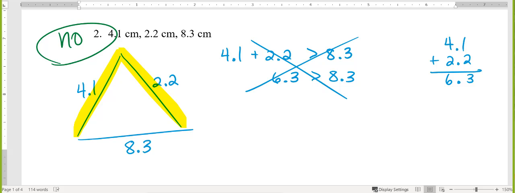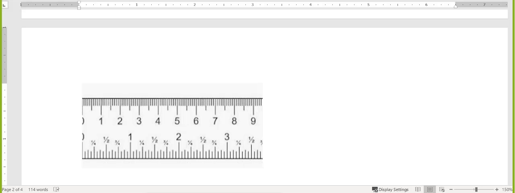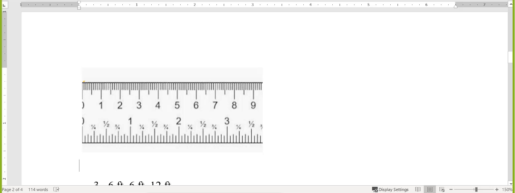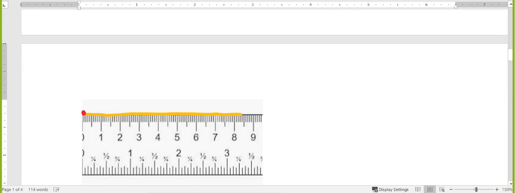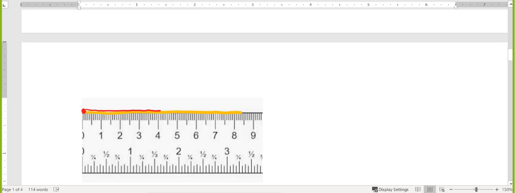If you get a ruler and draw a length of 8.3, about right there, and then from this end you draw a length of 4.1, and from the other end you draw a length of 2.2, about this long, do you see that if you try to make a triangle with those red, blue, and orange lengths, it does not form a triangle?